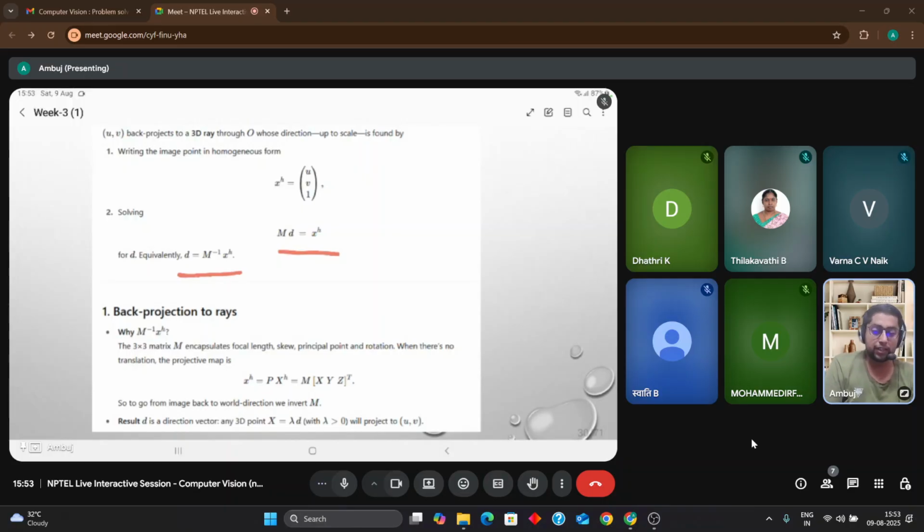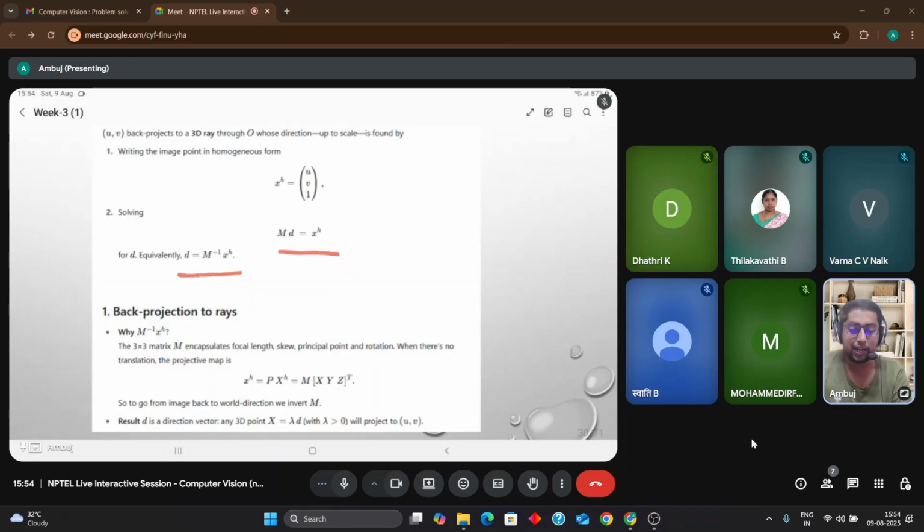Where there is no translation, the projective map is x^h = s M [x y z]^T. So to go from the image back to the world direction, we invert this matrix M.